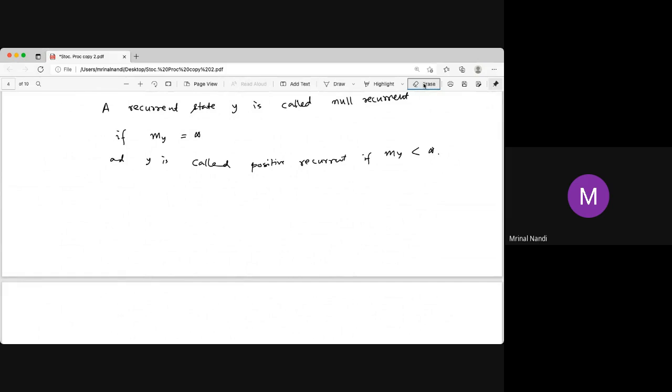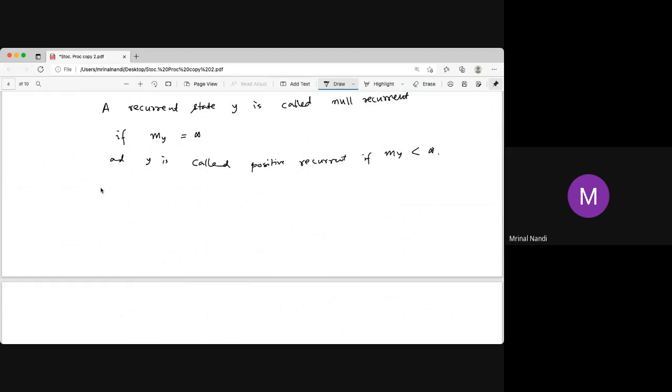In 1000 steps it is 3. So it grows slowly compared with n, which means the limit is 0. The ratio of the number of visits divided by n is 0. That is the idea of null recurrent and positive recurrent.